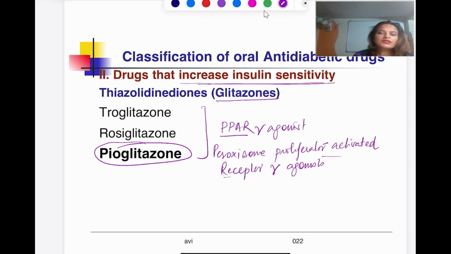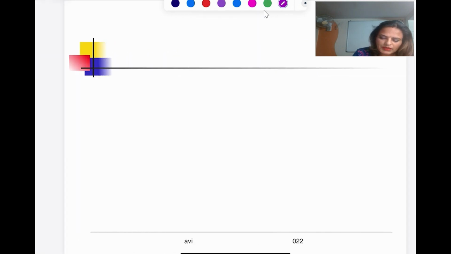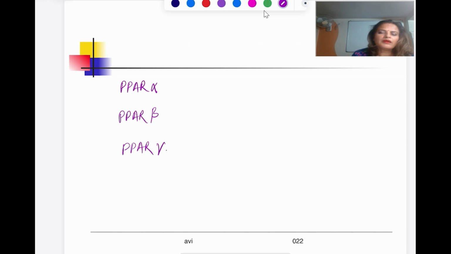So we have three types of this PPAR: PPAR alpha, beta and gamma. Now we are talking about pancreas. So this is present in the pancreas.